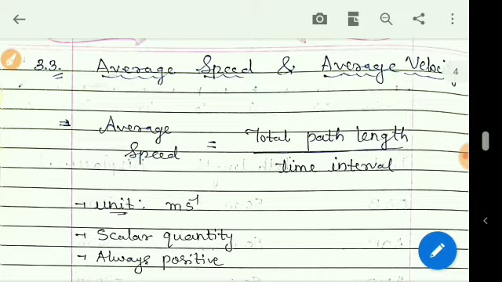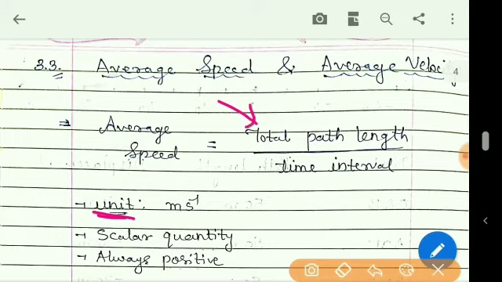Now, the unit of average speed is the same as that of speed. Distance or path length is in meter and time is in seconds, so upon time, that's why it is meter per second.